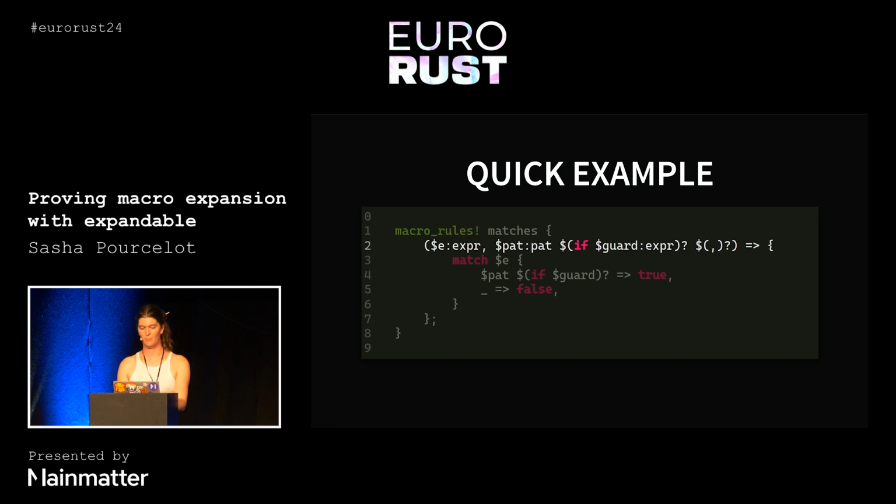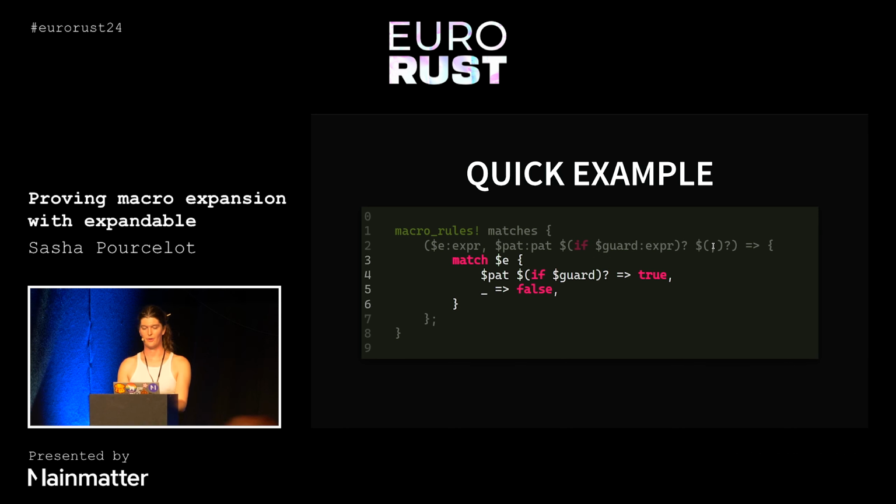Then we expect a pattern that we will call $pat. Then we expect a repetition. This is what the $ sigil tells us, of 0 or 1. This is what the question mark tells us, the token if, followed by an expression that is named $guard, and finally a repetition of 0 or 1 of a comma.